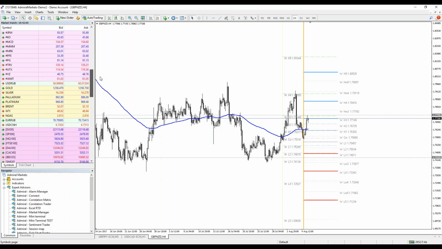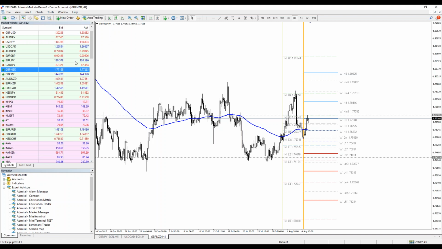Particularly, I don't pay attention to that pair. But let's see if... No, there is no USD ZAR here. Isin, thank you for your comment. Looking great as always. Indeed, Isin. Thank you.